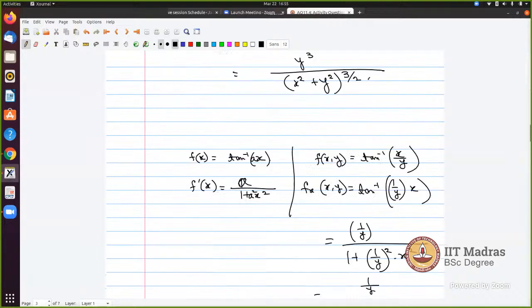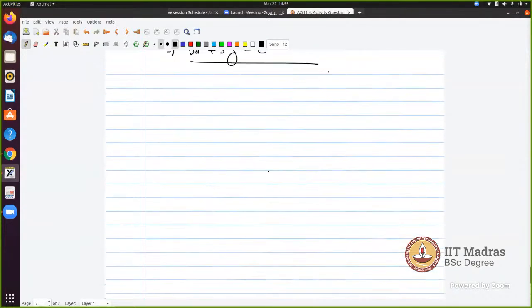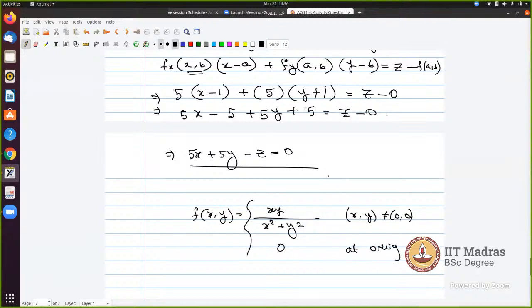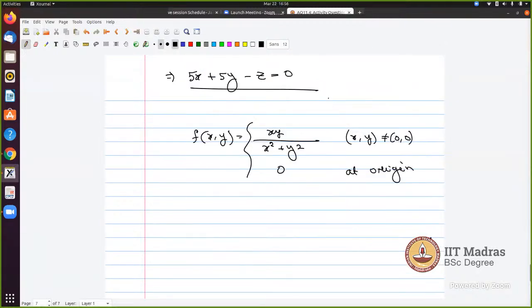Okay, so let me do it for you. The function in the second option which we are taking here is this one, correct? This is not at origin, and at origin it is 0, correct? So what is continuity basically? Continuity means, suppose we want to check the continuity at the origin, so (x, y) is going to (0, 0).